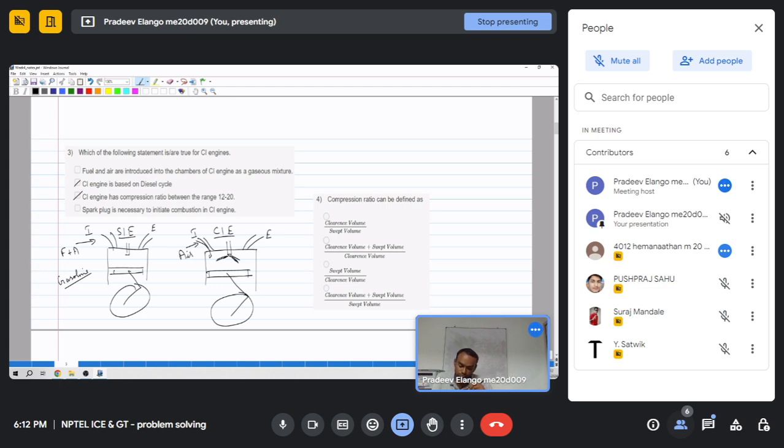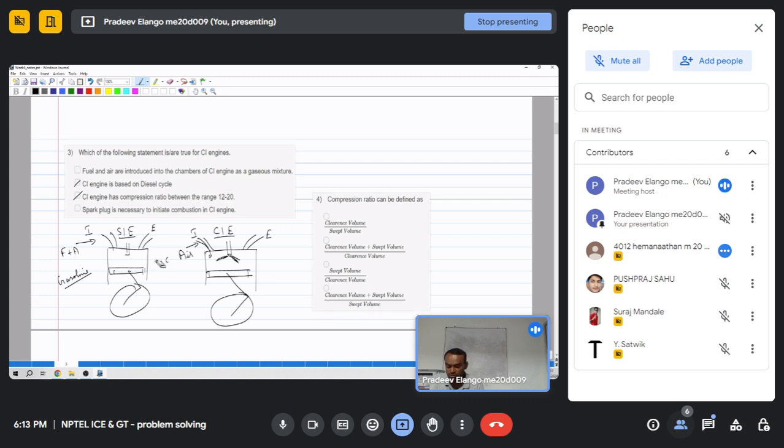Now in case of a gasoline engine, if you have a very high compression ratio, even before the spark it can start igniting, which is not desirable. Say it can start to ignite at 30 degrees or 60 degrees before TDC, at a very early stage.